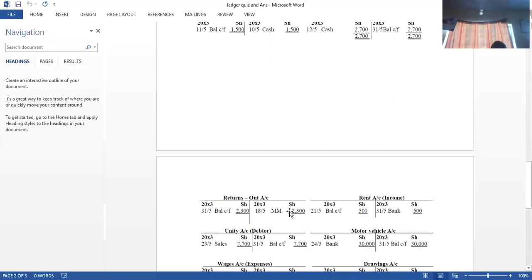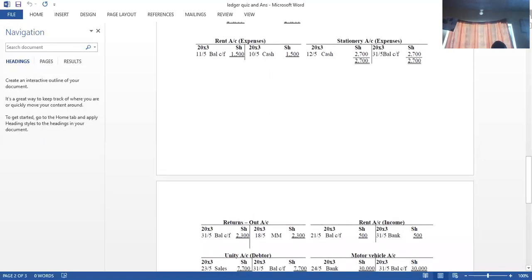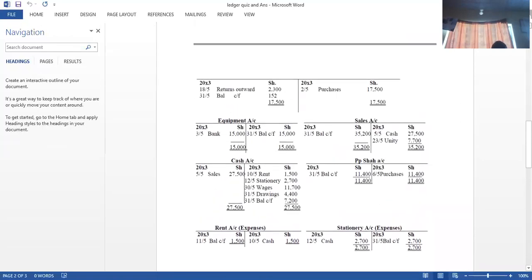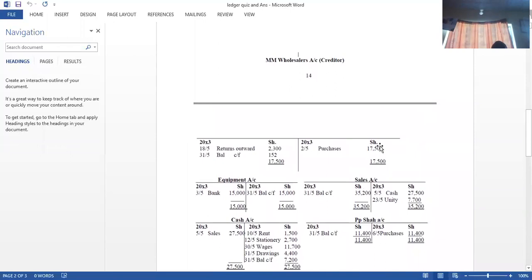And then you go to MM wholesalers because it is reducing the amount of money that we were supposed to pay him. We were supposed to pay him 17,500, but because we have returned these goods, it is now recorded on the debit side. In accounting, if there is an amount on the credit side and another amount on the debit side, it simply means we are subtracting.